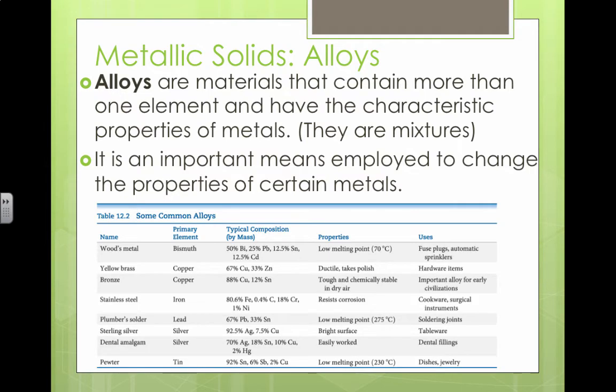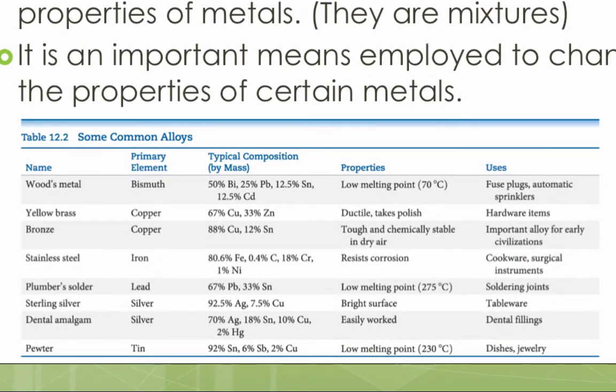For example, almost all of the uses of iron involve alloys. So an example is stainless steel, right? Stainless steel is mostly iron, but it's been injected with some other elements, which allows it to resist corrosion.